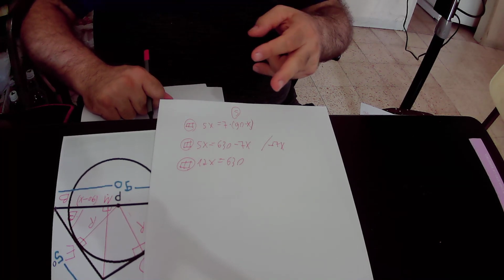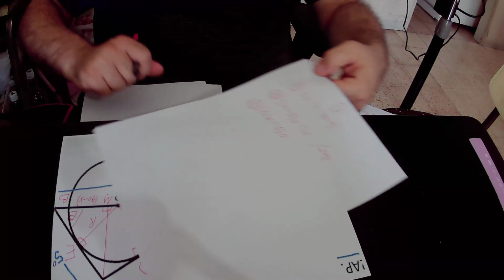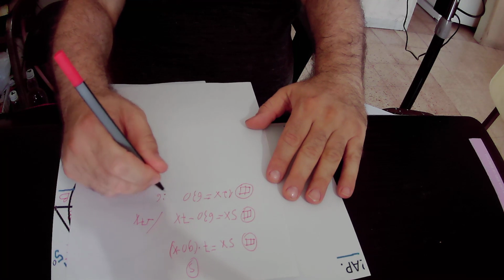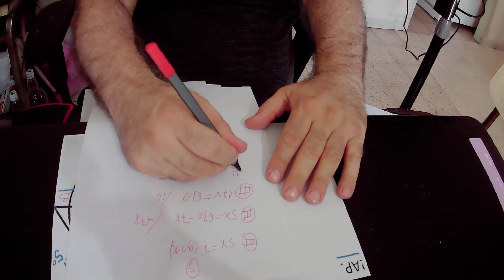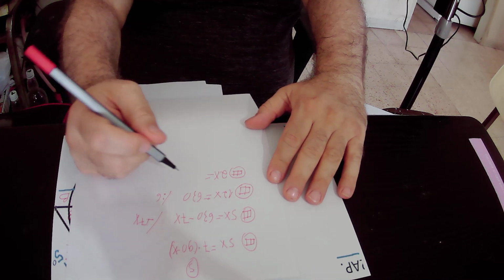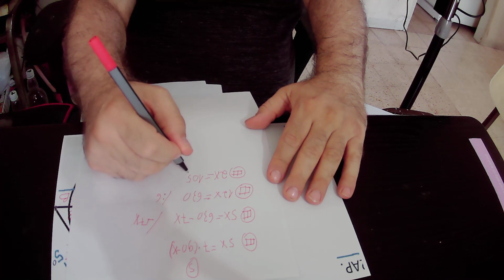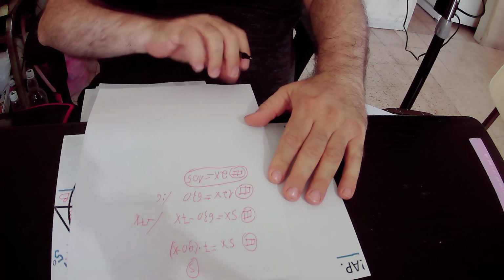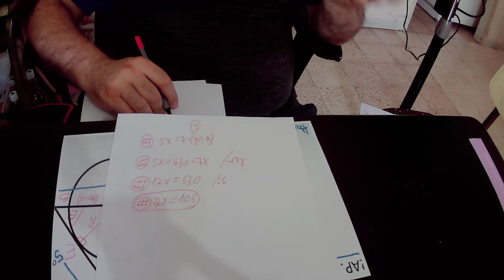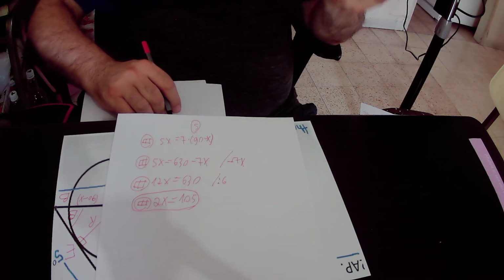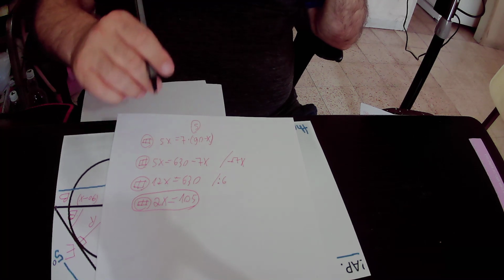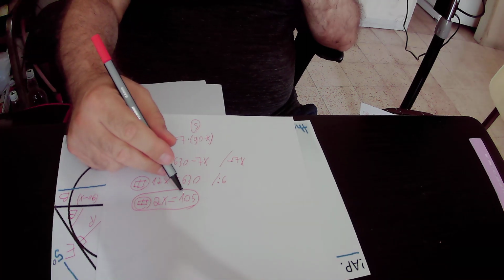Here we will divide both sides of the equation by 6. So we divided both sides by 6. 12x divided by 6 equals 2x, and 630 divided by 6 equals 105. So we got that 2x equals 105.